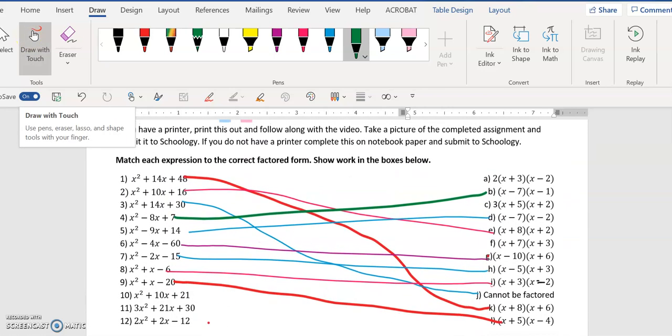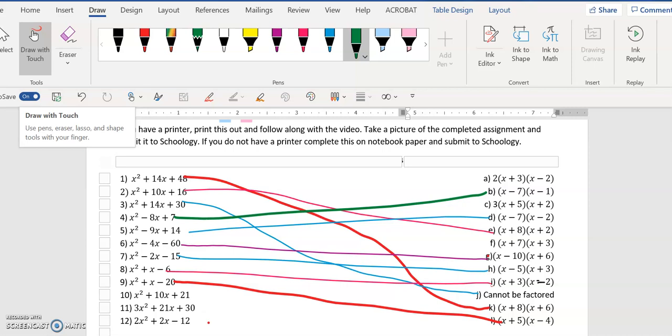Is that here? X plus 3, x plus 7? Oh, look at that. Letter F. Number 10 goes to... Why isn't it letting me write?